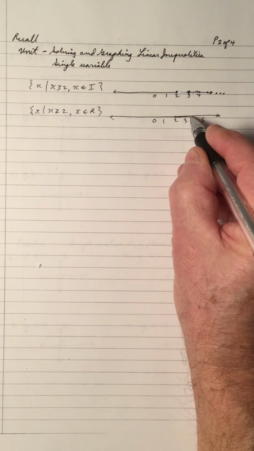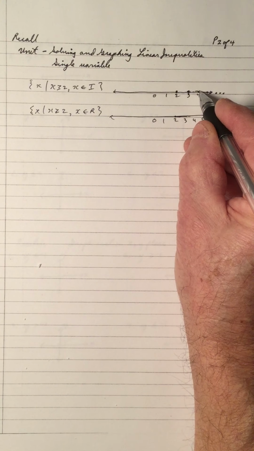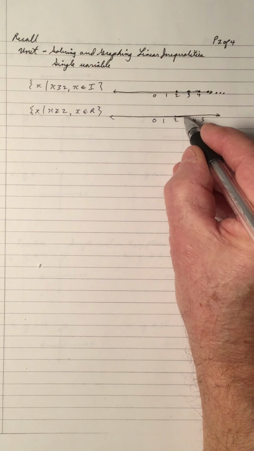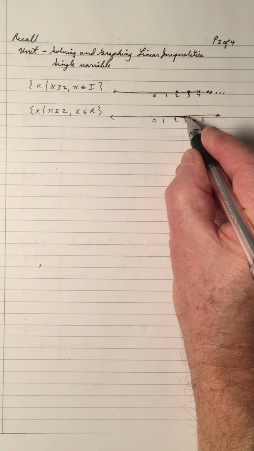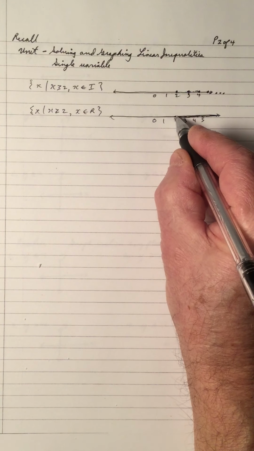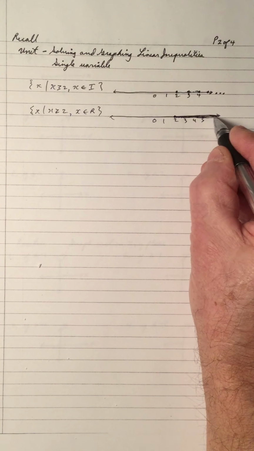So that's where I made a mistake up here. Notice these are only dots on the number line, as integers are only dots. But when we do real numbers, we do shading. We shade in the number line equal to 2 and greater.